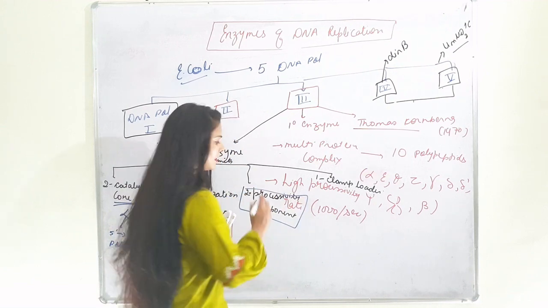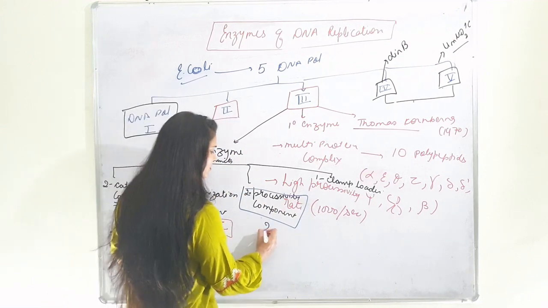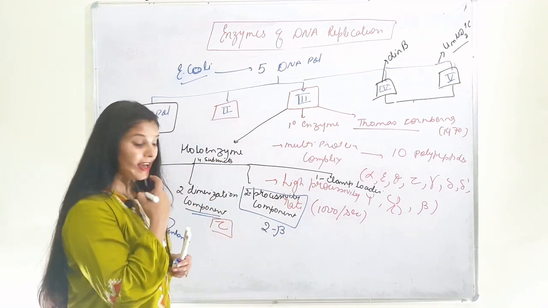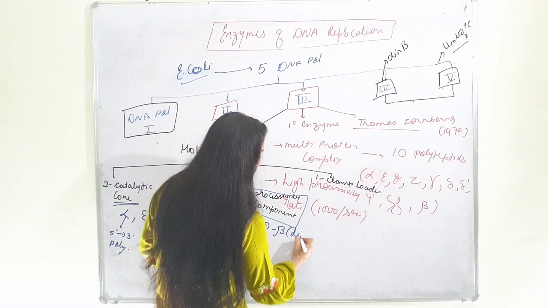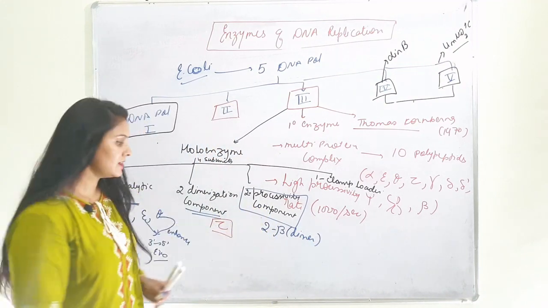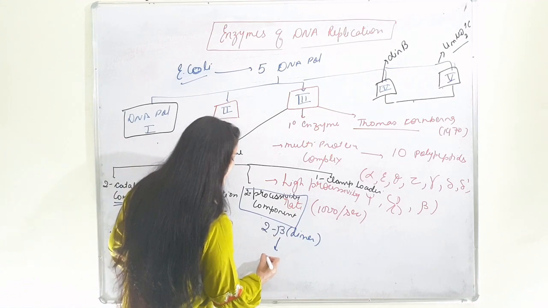Now the processivity component is formed by 2 beta polypeptides, hence a dimer of beta polypeptide, and this dimer is called the sliding clamp.